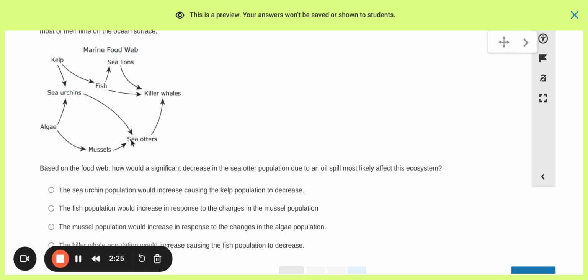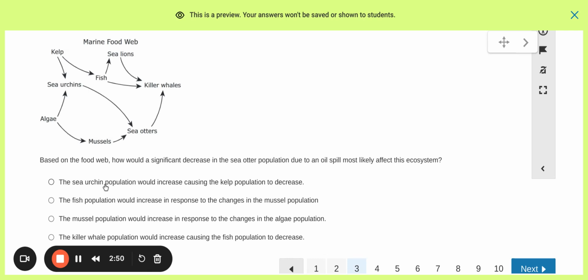Okay, so the sea otters are a food source for killer whales. So the killer whales would lose a food source. Sea otters consume mussels and sea urchins. So the mussels and sea urchins lose a predator.